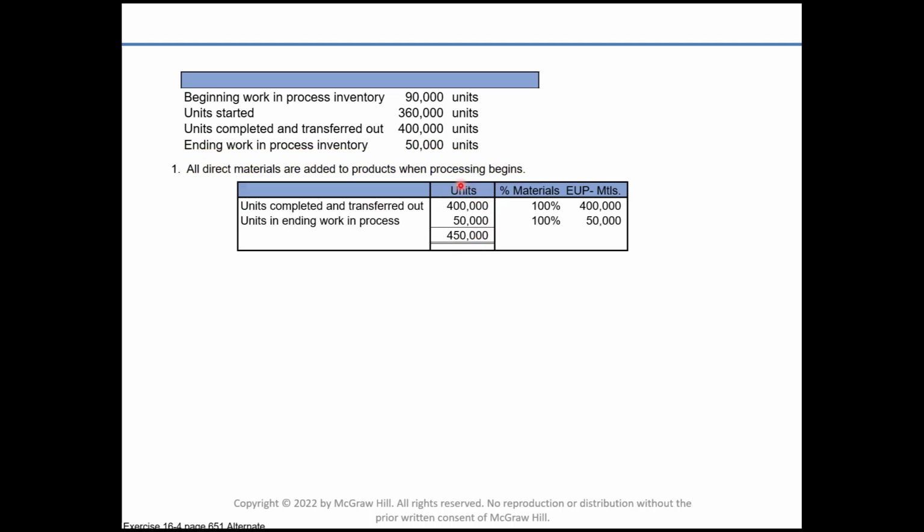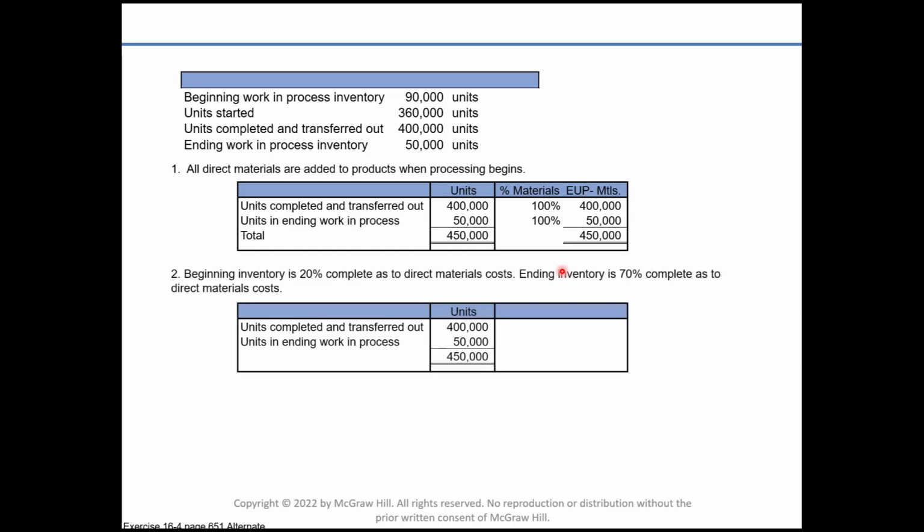So when we do these computations, we're looking at these bottom two items. Then we're going to multiply by the percent complete that they are for materials. And then we'll just add it together. So clearly the equivalent units of production is equal to 450,000 because all the materials have been added to all the products.